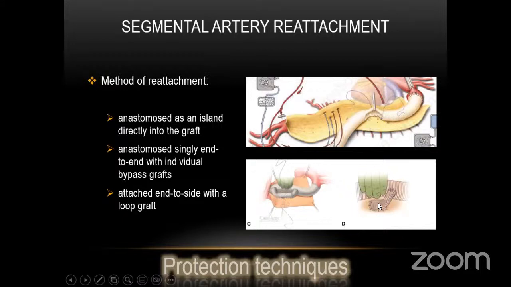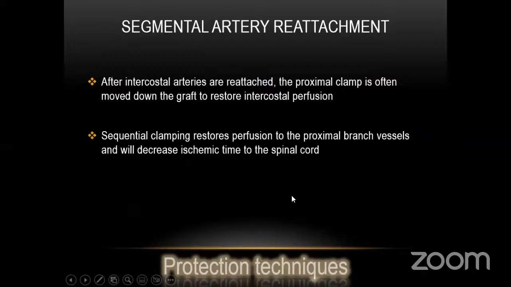The second is a direct single end-to-end anastomosis with a separate graft to the main aortic graft, or side-to-side, end-to-side with a loop graft attached to the aortic graft.